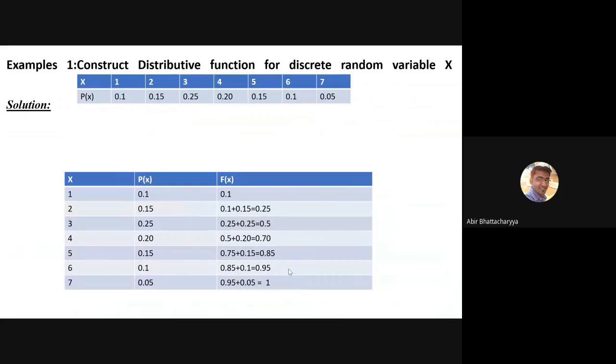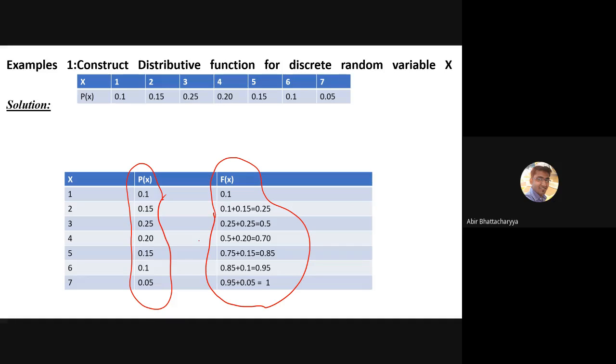Now here, construct the distribution function for the discrete random variable x. The specific structure of the distribution is given to you: when x equals 1, what is the probability? When x equals 2, what is the probability? Everything is given, right? This is your probability distribution function, and this is your cumulative distribution function.